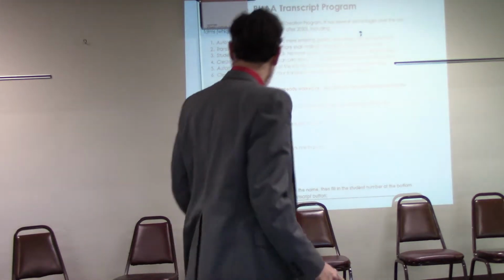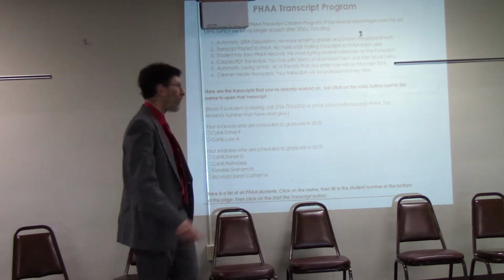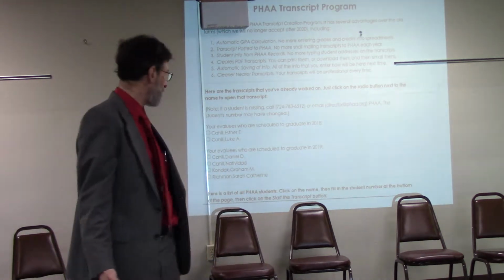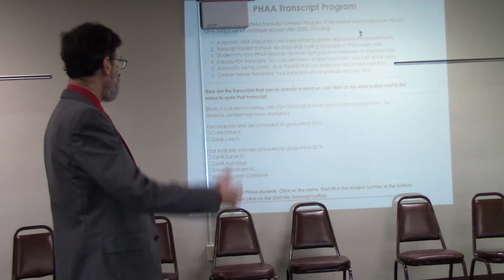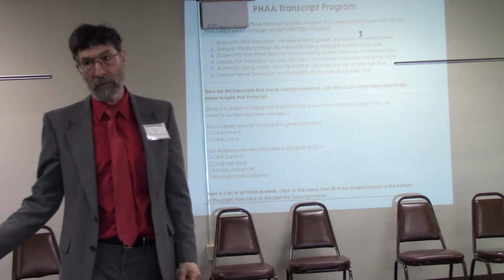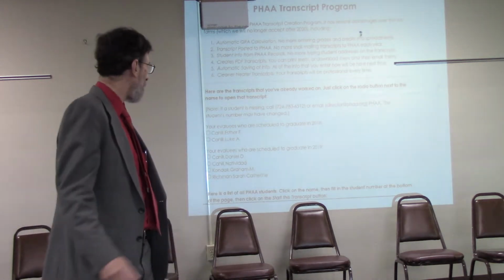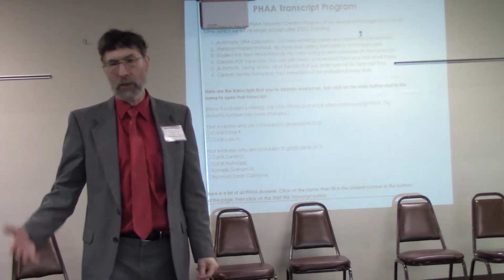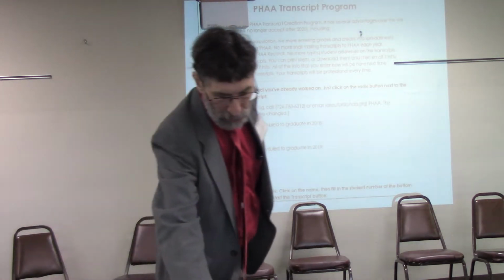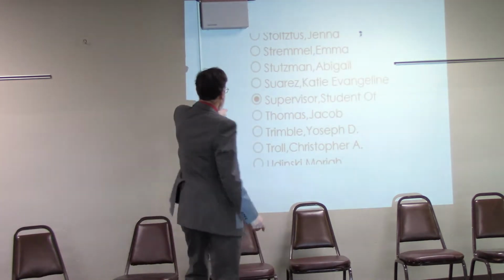That's what I see. But at the bottom of those, it says, here is a list of all PHAA students. Click on the name, then fill in the student number. So you have to get the student number from the student. At the bottom of the page, click the Start This Transcript button. So you do that, and I have this student here.